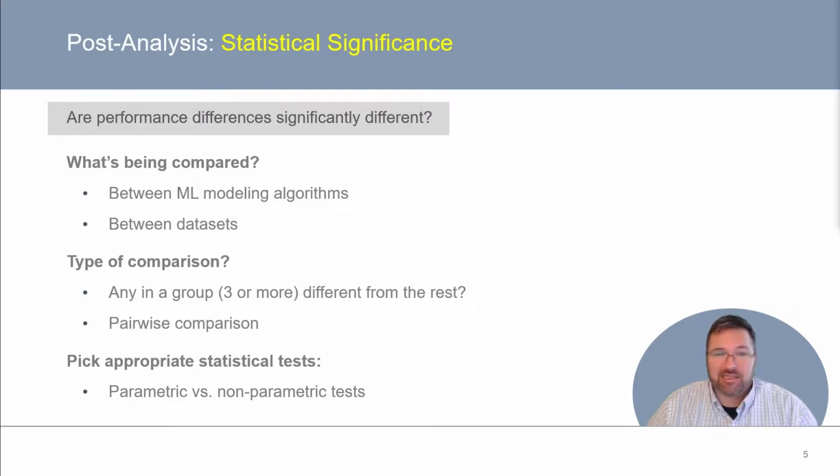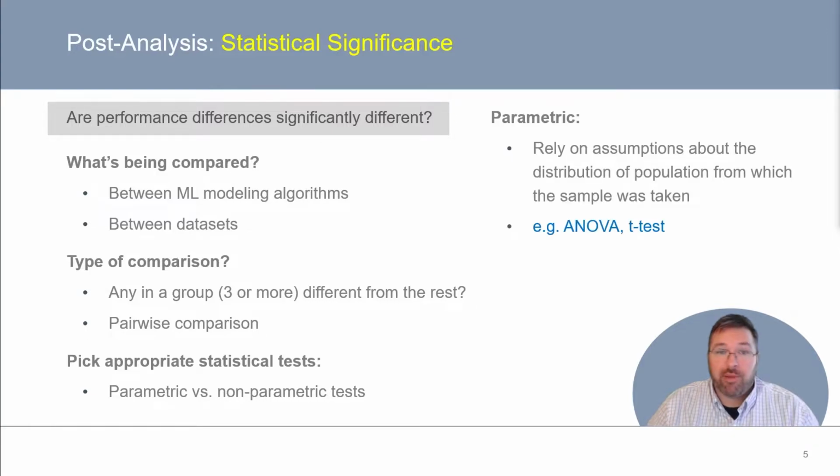And in picking tests, one of the first things we'll want to consider is whether to apply parametric or non-parametric statistics. Parametric tests rely on assumptions about the distribution of the population from which the sample was taken. In comparing algorithms or datasets, this sample will be the metrics or feature importance scores across each cross-validation fold.